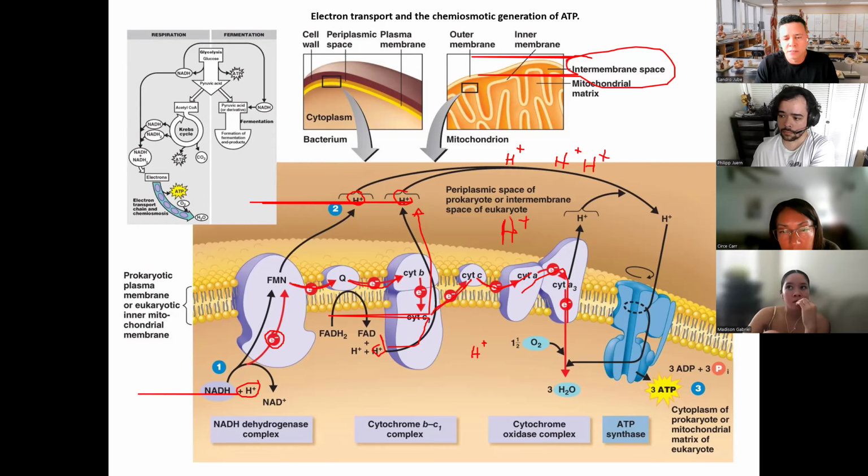You know the answer to this. Can the hydrogen ions that are in the intermembrane space move back across the membrane through simple diffusion? Yes or no? They want to move across. Can they do that through simple diffusion, folks?